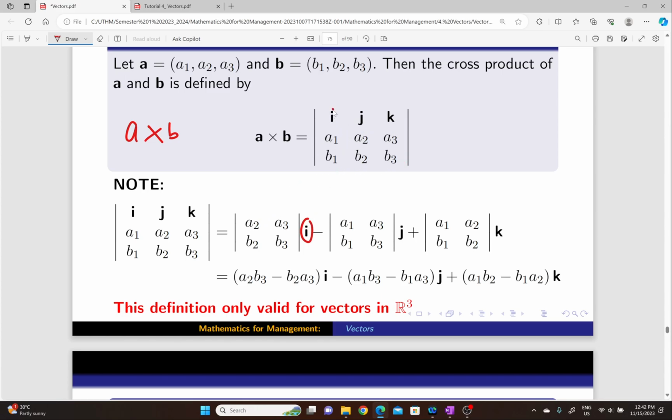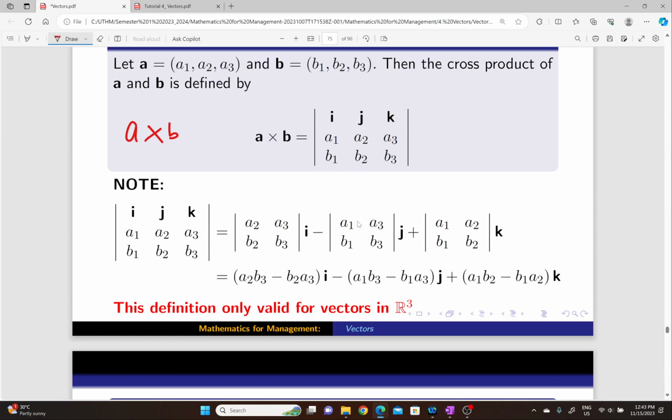Again, you crisscross the J, whatever is left, you write here, with a minus, always minus: A1, B1, A3, B3. You crisscross the K and write this one here. So plus, minus, plus, remember that.